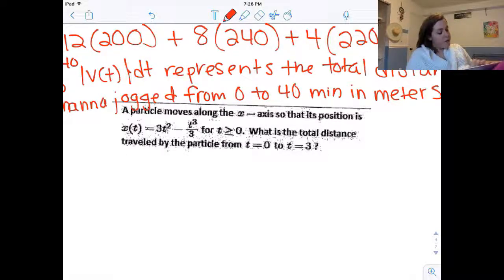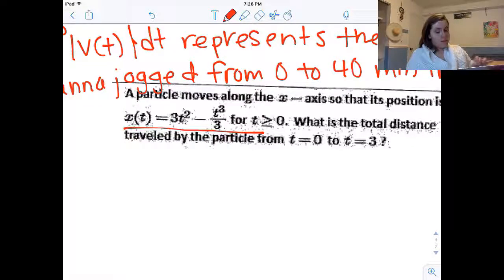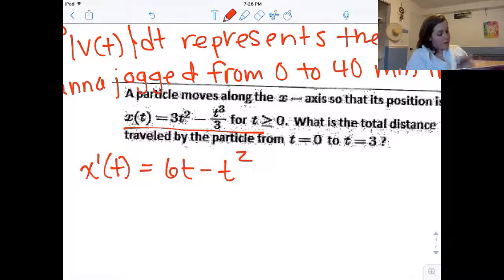So this is position, right? And I want to know what the total distance traveled is. I can't just find where it starts and where it ends. All that would give me is displacement. So what I need to find is where it changes position, and then I can go from there. So to find where it changes position, I'm going to take the derivative, which would be 6t minus t squared.